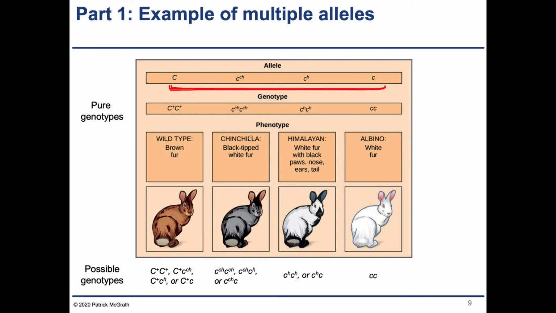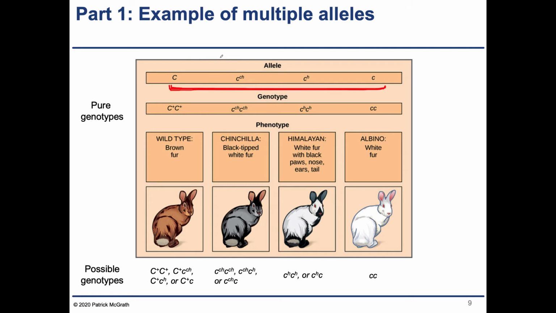They can be this chinchilla color, black tipped white fur, which gives them a black and white gray appearance. They can be Himalayan, which is white fur, with the exception of certain patches on their paws, nose, ears, and tails. So they're largely white, but also have black on them. And then they can be albino, where the rabbit is completely white, and the eyes are pink as well.